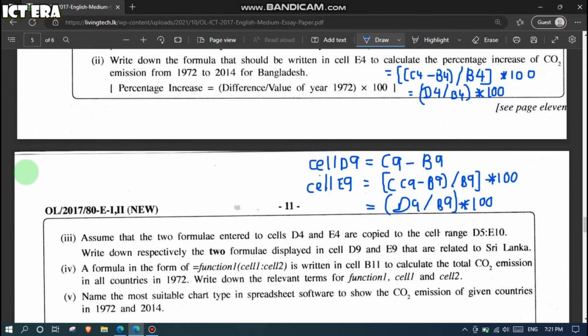Here we have to answer this question like this. I will write the answer in this blank. So function 1, what are they expecting? The total carbon dioxide emission. So the function should be sum. And cell 1.